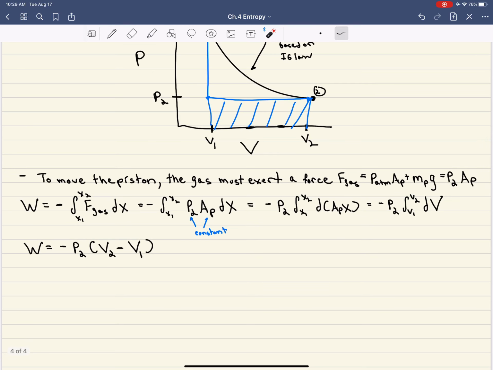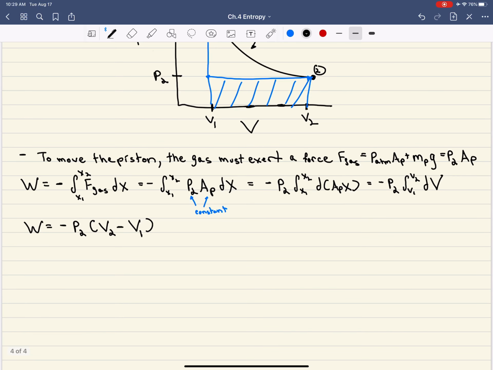The other thing I want to talk about is that the process we studied occurred in the case where we were going from volume 1 to volume 2.